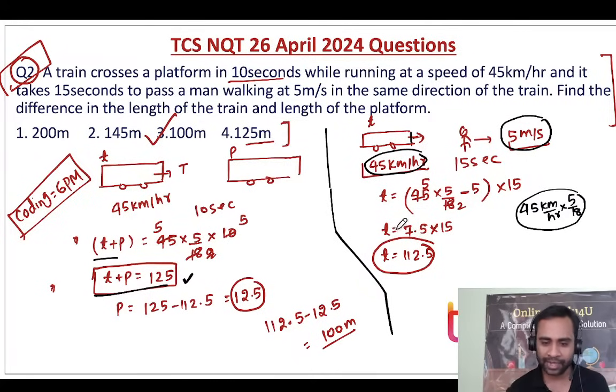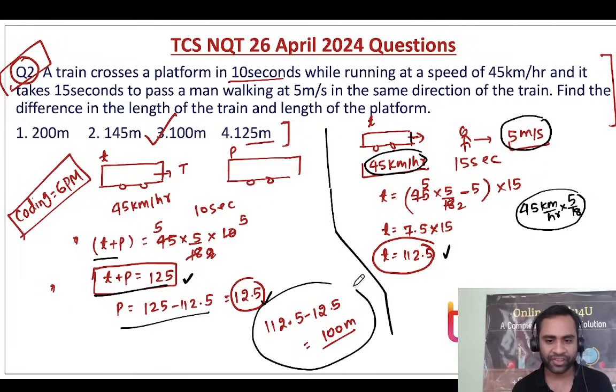The length of the train we got is 112.5, the length of the platform we got is 12.5, and then we subtracted them. They are asking the difference between the length of the train and the length of the platform, which is 100 meter.